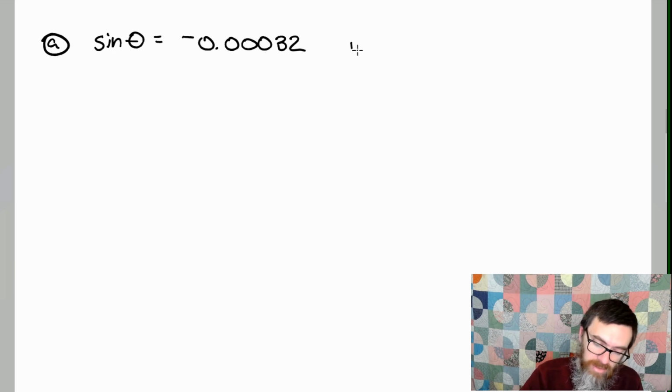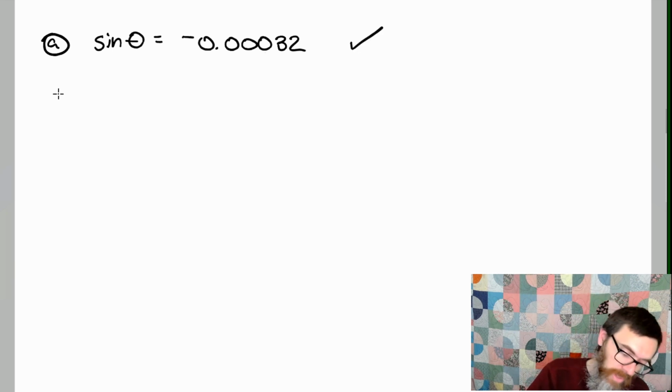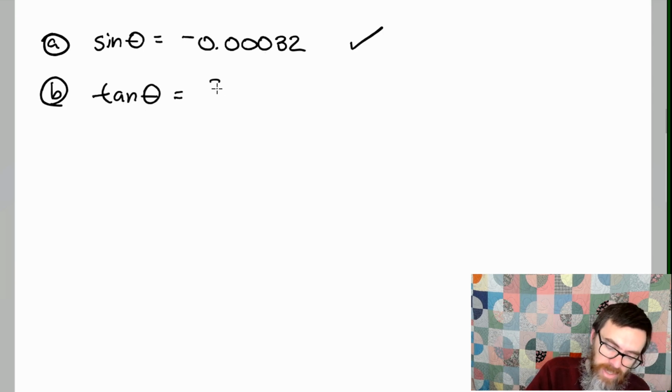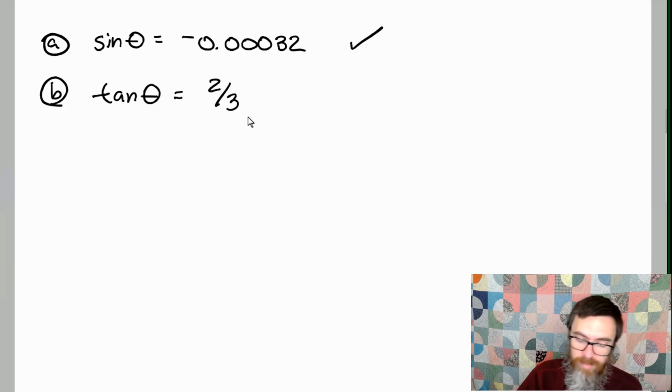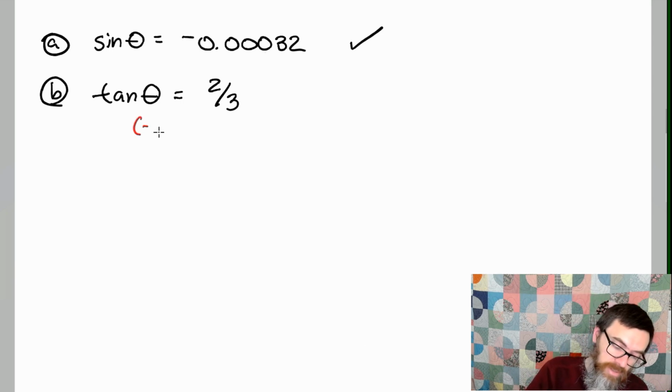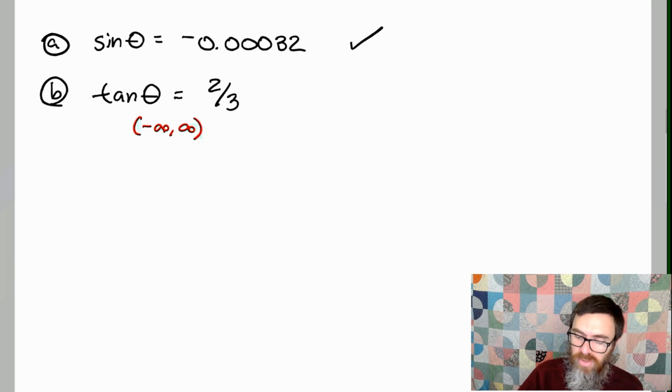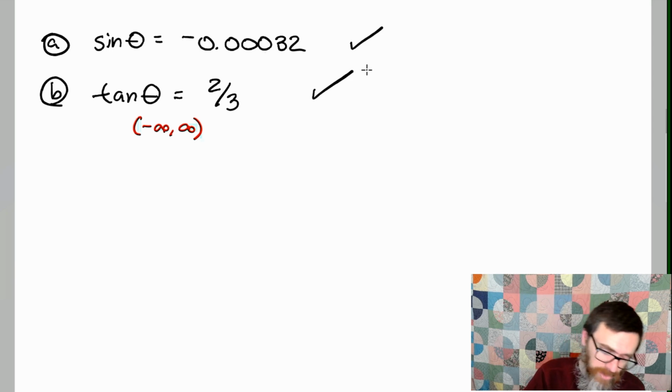So yeah, that's possible. Part B, can the tangent of an angle ever equal 2/3? Remember that the range for tangent is all real numbers. So yeah, tangent can be anything. That's never going to hold us back.